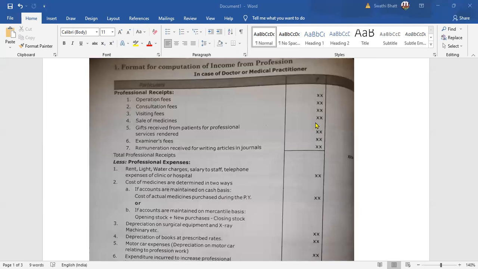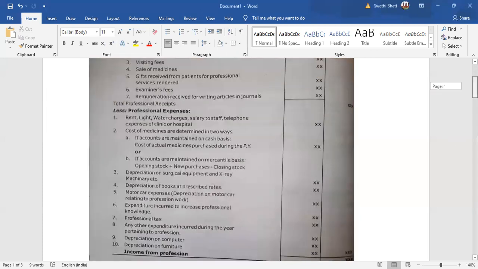So to whatever extent he's using that motor car for professional purposes, that is an amount he can claim as expenses. The next one is expenditure incurred with respect to professional knowledge, anything which is genuinely related to professional knowledge. The next one is payment of professional tax and depreciation on computer and furniture.